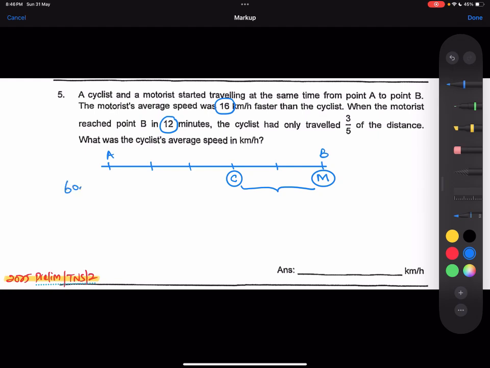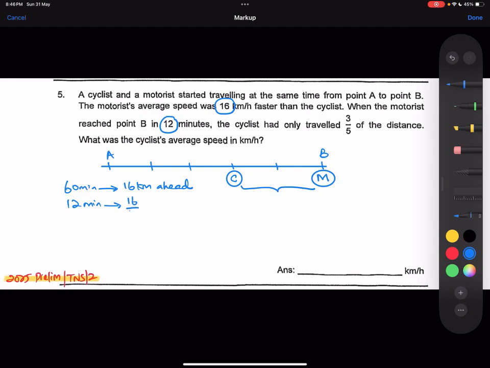So in 60 minutes, the motorist will be 16 km ahead. Let's count 12 minutes. How much ahead is the motorist?